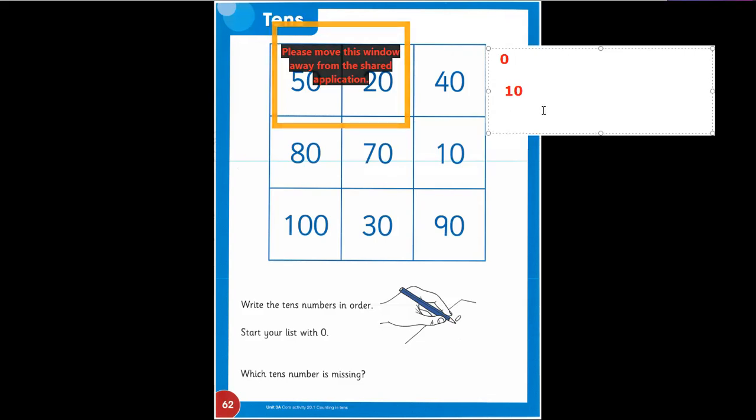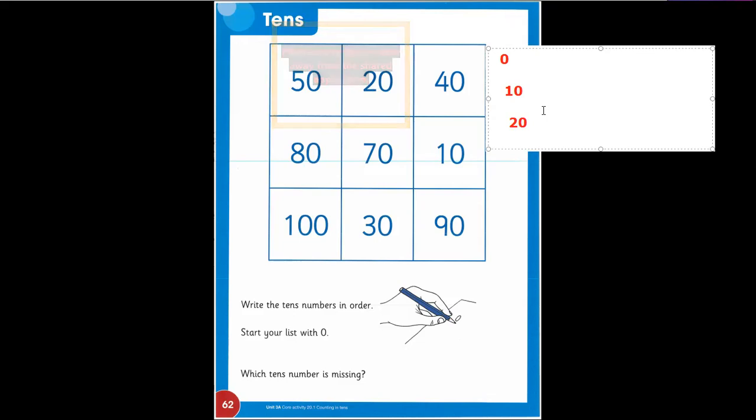Turkey is right. We have number 20. Okay, what number comes after 20? You have to count in tens.